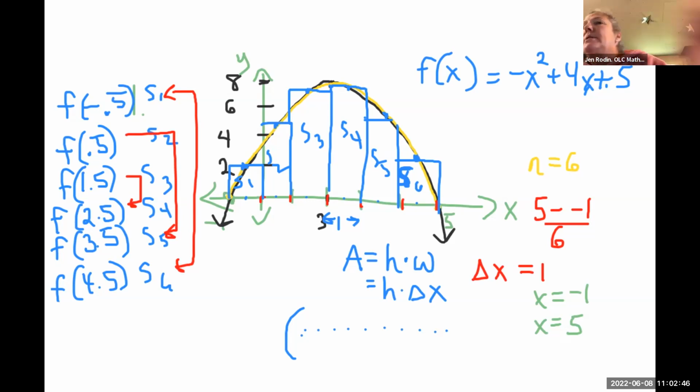So I'm going to go ahead and do it. Negative 0.5 squared minus 2 plus 5. So the first one is 2.75, the first and the last.